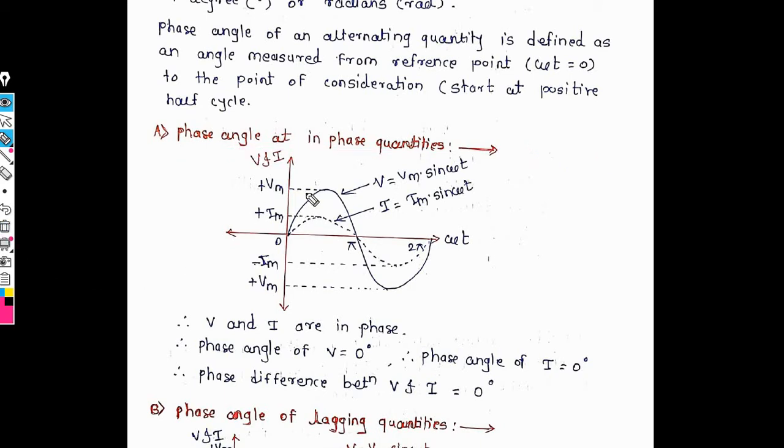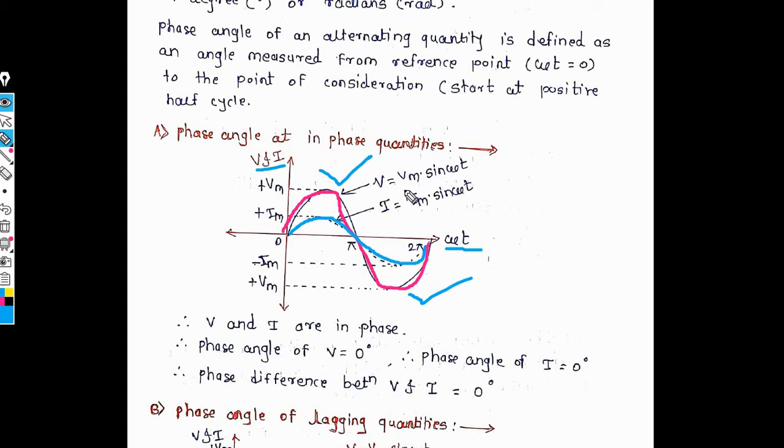Okay. Now these are the two waveforms here. The first waveform is the voltage, and the second one is the current waveform. This is the positive half cycle and this is the negative half cycle. The axes are voltage and current against time.